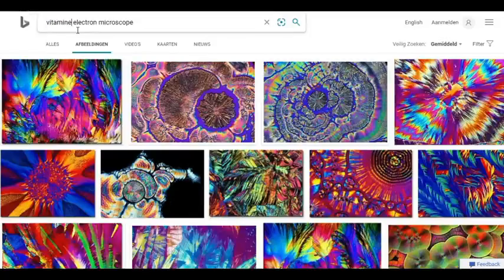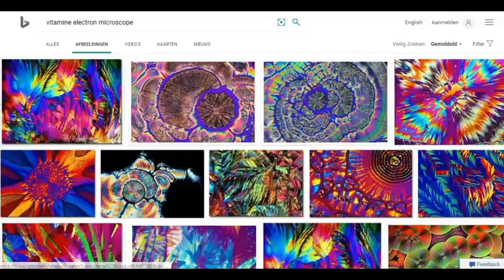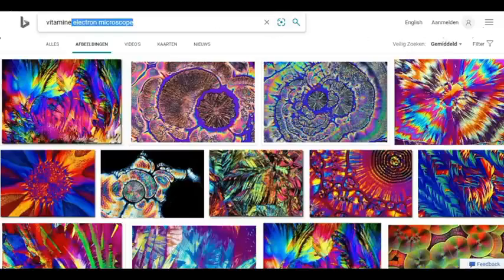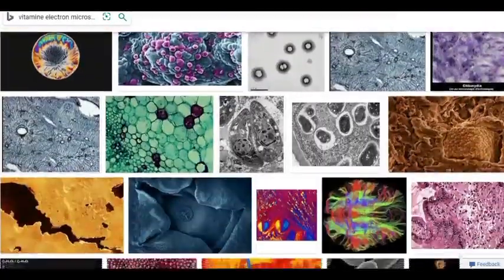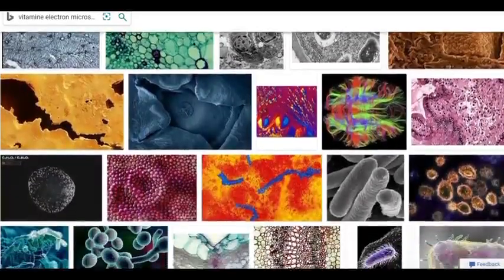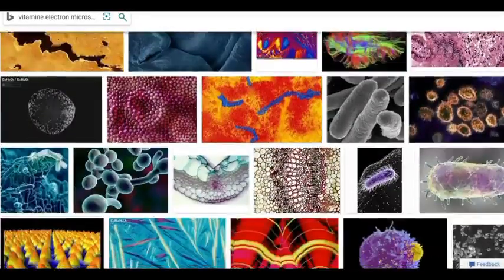Vitamins. That stuff they put in pills to make you healthy. Looks like kid drawings to me. How can you put this in pills?